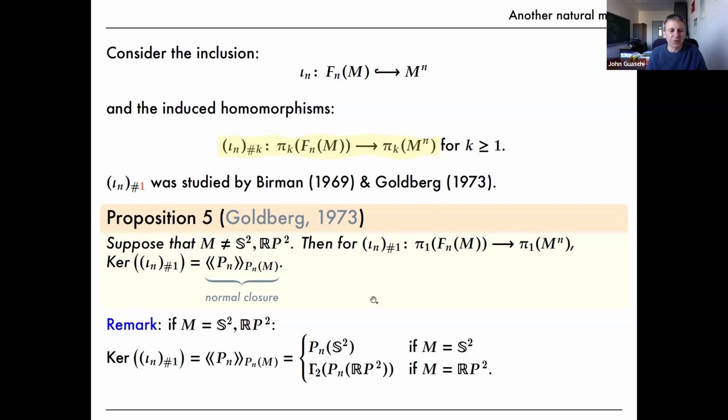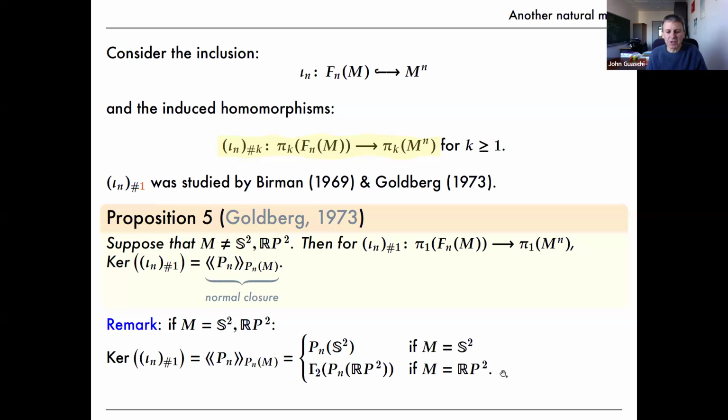It turns out that to obtain this particular result, you don't need to exclude these two surfaces. For example, in the case of the sphere, it's basically trivial because this group is trivial if M is the sphere, and so the kernel is everything.